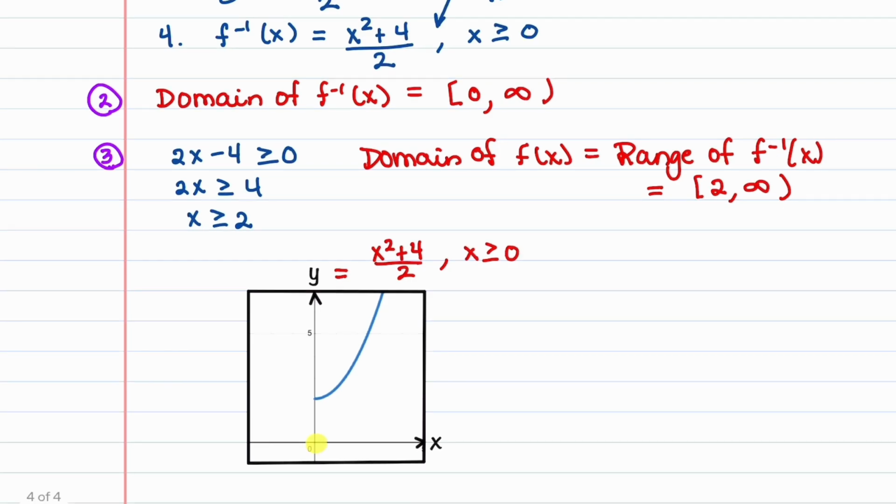Notice that x is going to be 0 or greater than 0, and that's our domain right here. And then notice that our function itself starts at 2 and continues on to infinity, so that's our range from 2 to infinity.